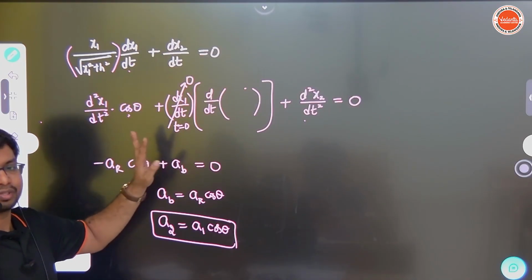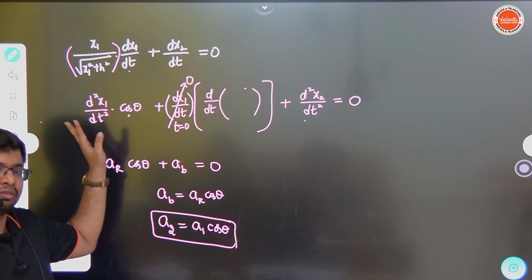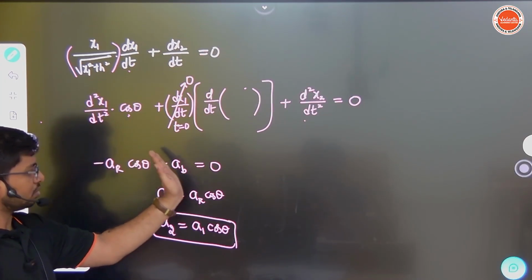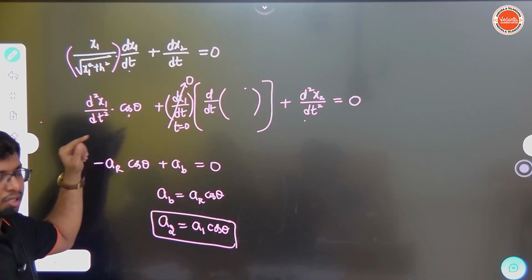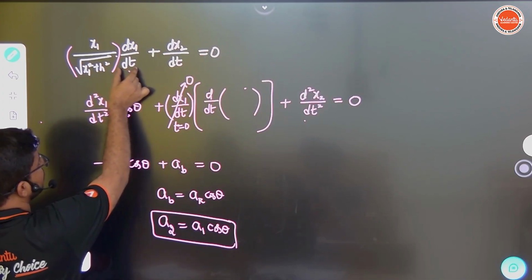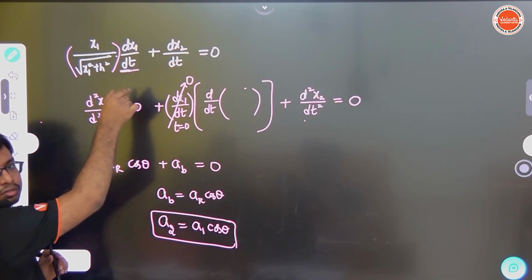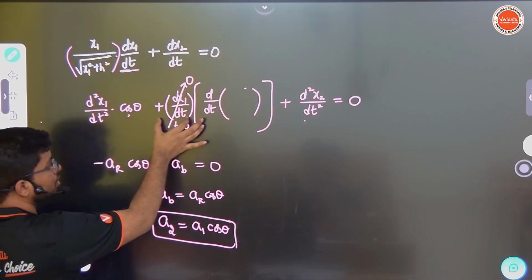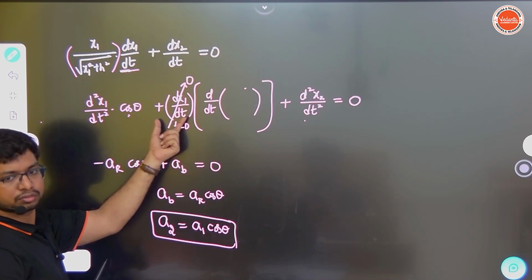At what instant are we doing this analysis here? Initially, at a time t equal to 0, right? At time t equal to 0, that inclined string is making an angle theta with the horizontal. At that instant I'm differentiating this one. At t equal to 0 this is equal to 0, this term equal to 0, right? You can differentiate this one over here, but in the final substitution this anyway will be 0.